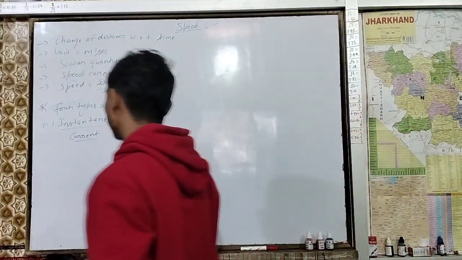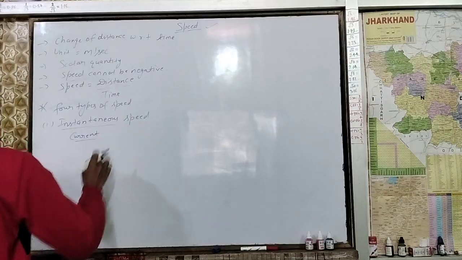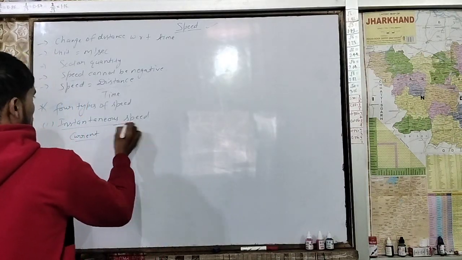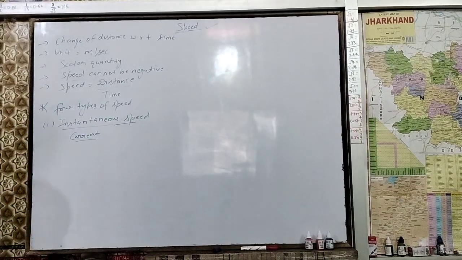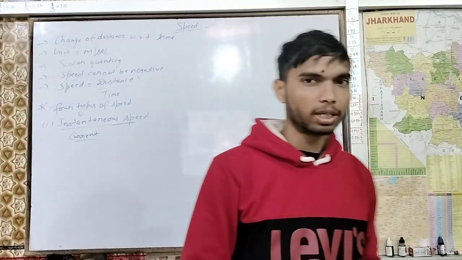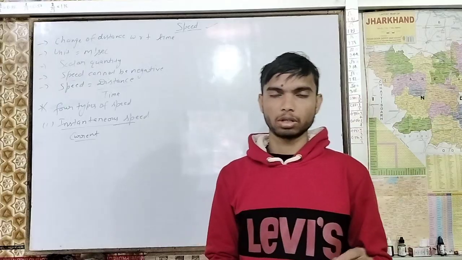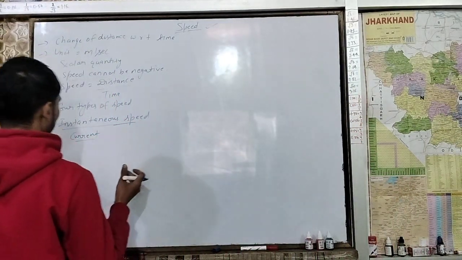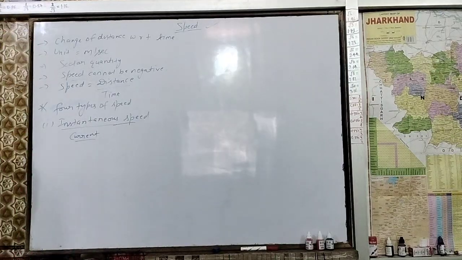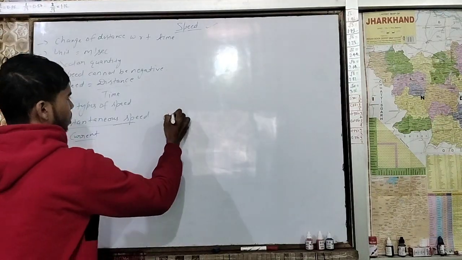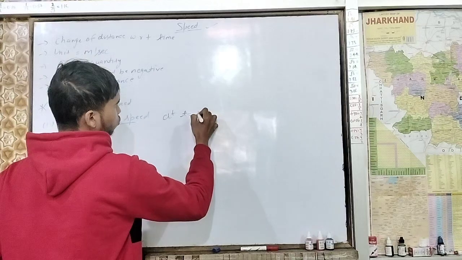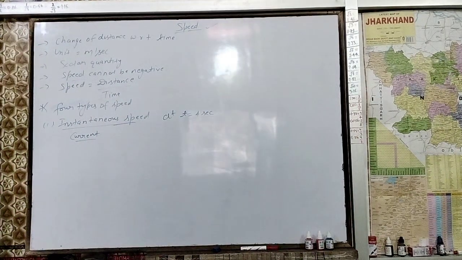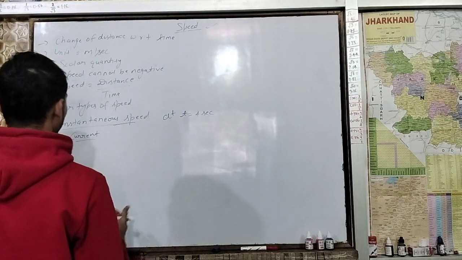This is the meaning of instantaneous speed: with how much speed your vehicle is moving at a particular time. For example, at t equal to 4 seconds, what was the speed of your vehicle? That is how we define instantaneous speed.